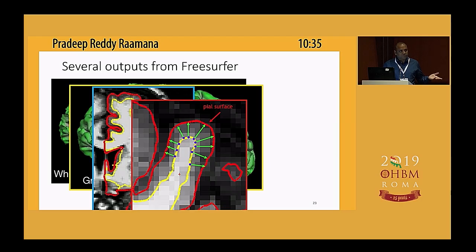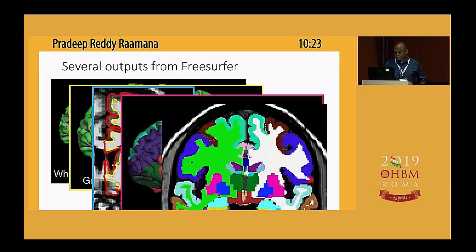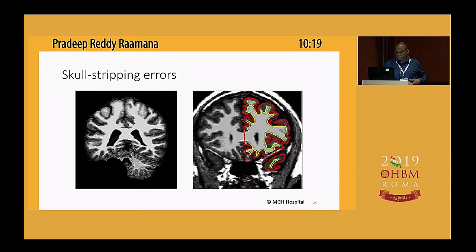Ensuring the accuracy of these two surfaces is critical. And the parcellation visualized on the surface would typically look something like this. This is the volumetric segmentation as you have seen before, right?